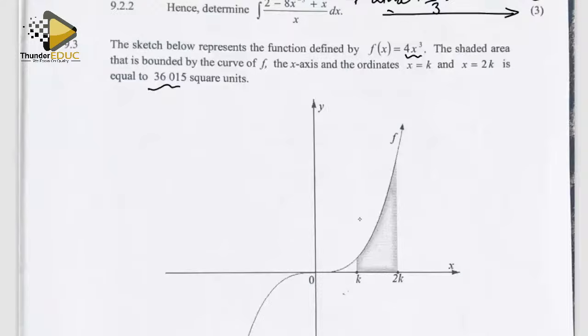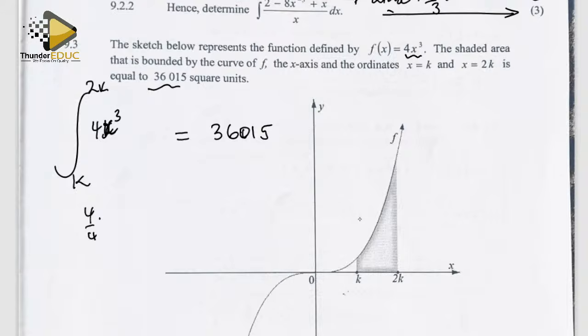Okay, so all I need to do is get the integral between k and 2k of my 4x cubed, and my answer will be 36015. So when I integrate that, it's going to be 4 over 4, x to the 4, from k to 2k, which should give me 36015.